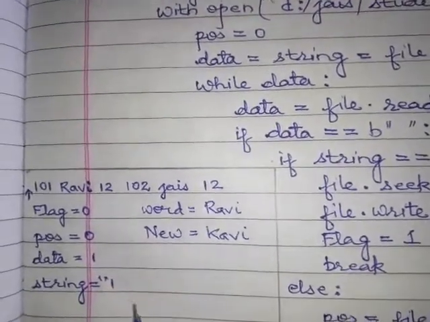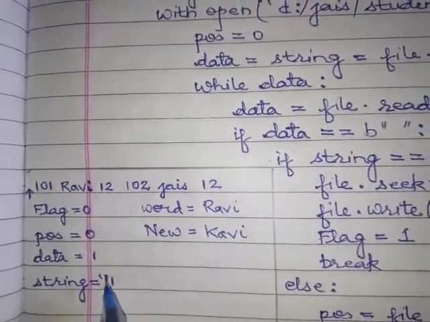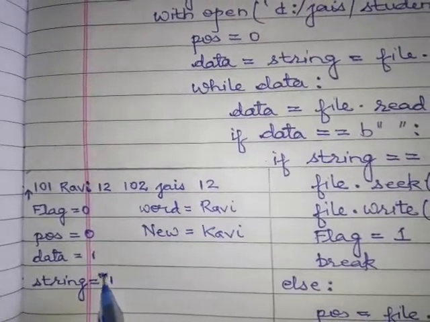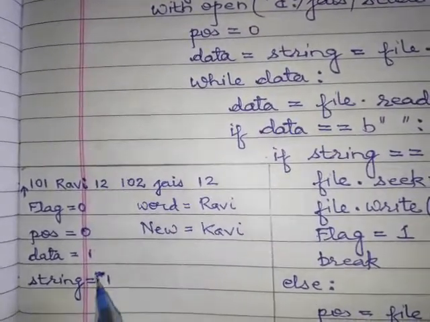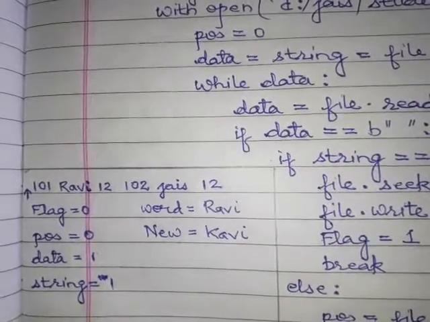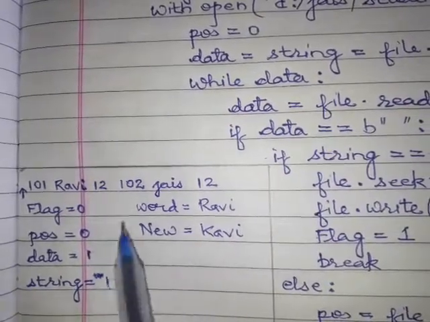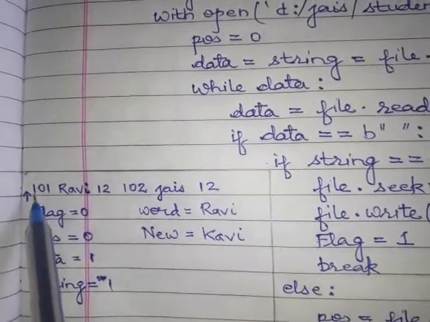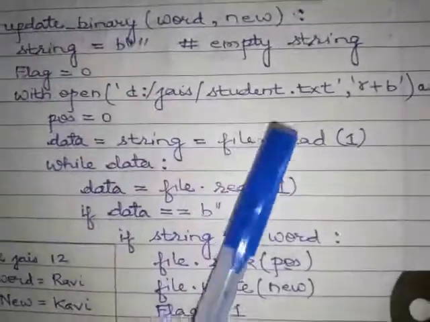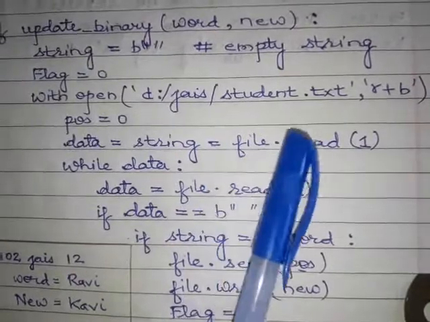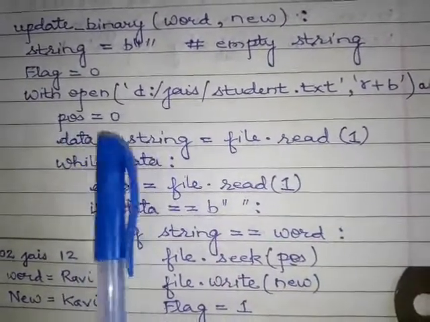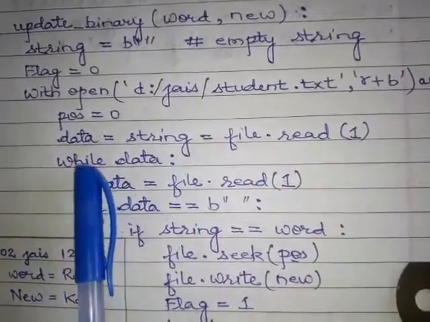Okay, this was an empty string, meaning before 1 there is nothing, so you can erase it. String contains only 1, so data contains 1 as well as string contains 1, because the first byte is 1. Now data equals string equals file.read(1), so both these variables are initialized. Now we come into the while loop.